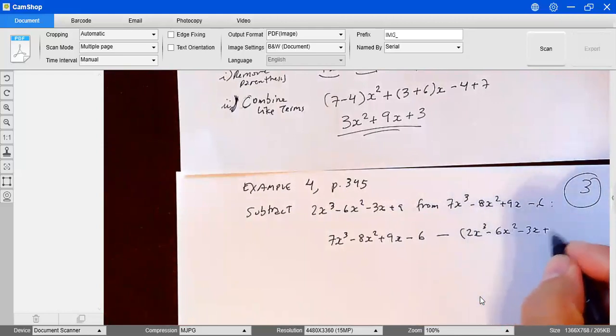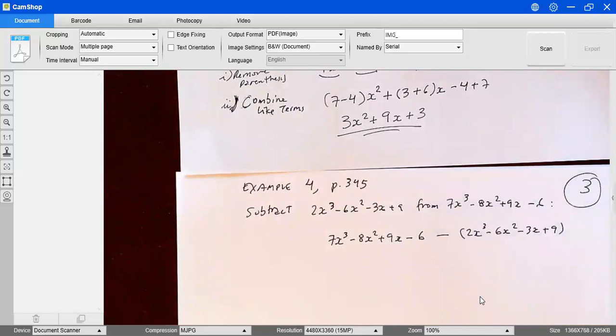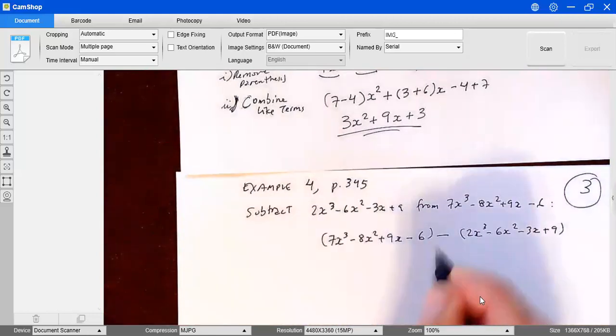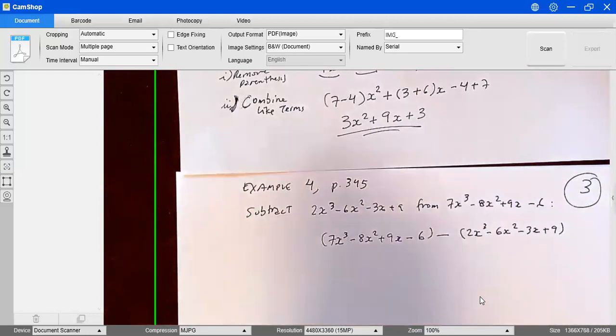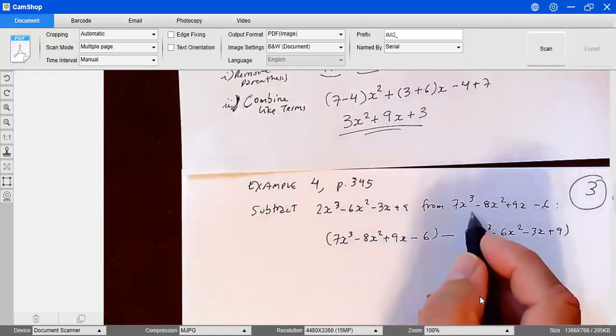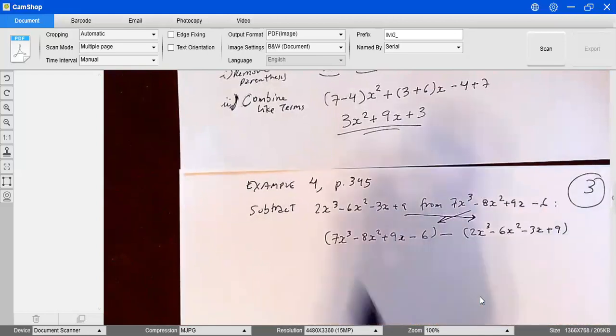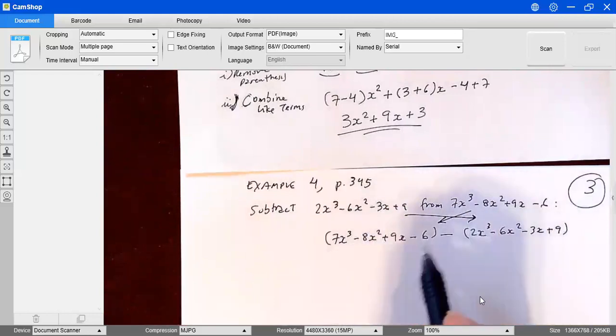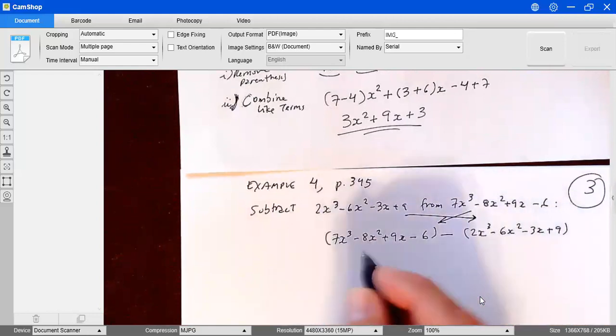So we covered this in a previous chapter. You can use parentheses for the other polynomials. Okay, when you have subtract A from B or B from A, you just take care of this. Then you just need to remove parentheses.